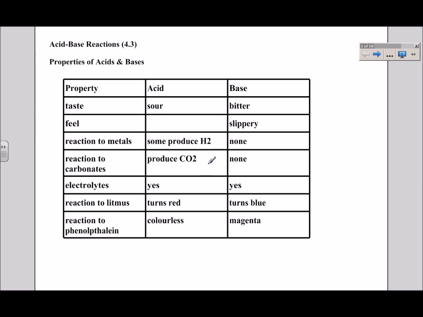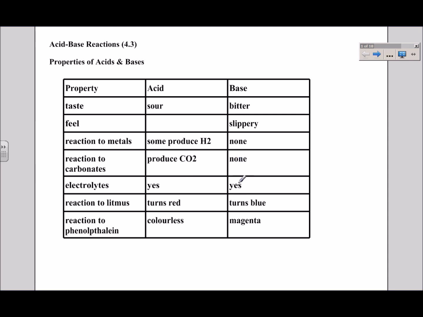You've also had experience with carbonates, perhaps, if you've ever done the baking soda vinegar reaction. Vinegar being an acid and baking soda being a carbonate, when these two substances react, they'll produce carbon dioxide. Bases will have no noticeable reaction with these substances.